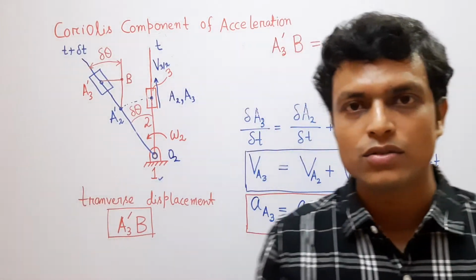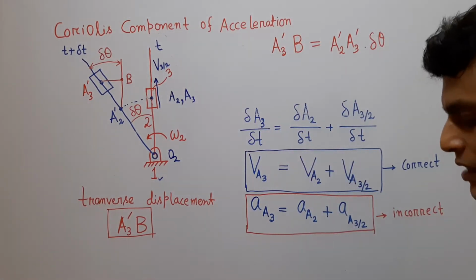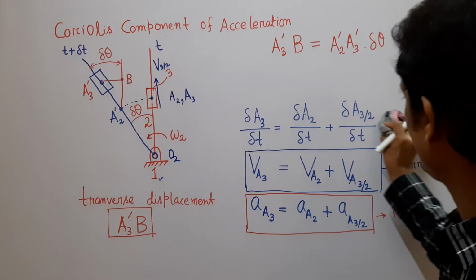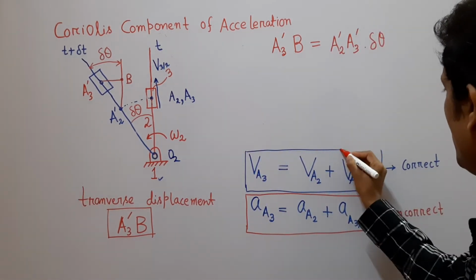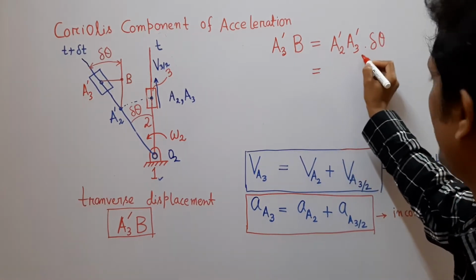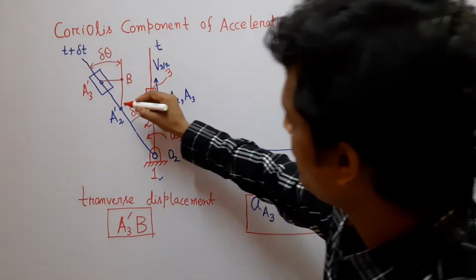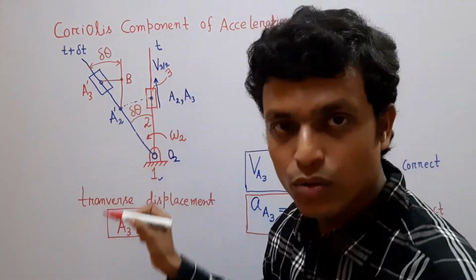So what was the total displacement? We have to add this. Now let me describe this amount. A2 prime A3 prime is the displacement of link 3 with respect to link 2.